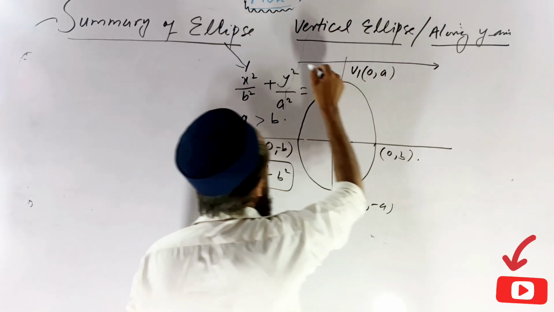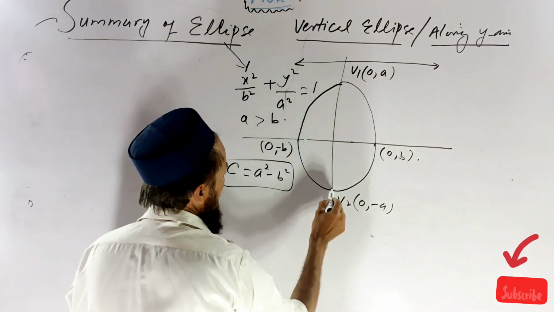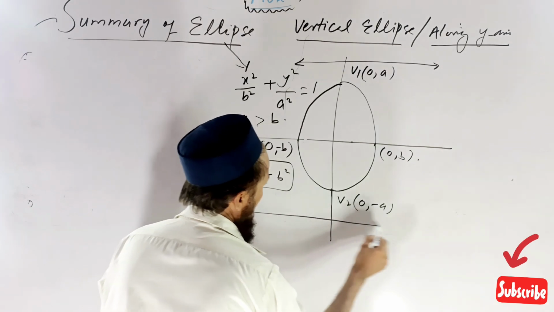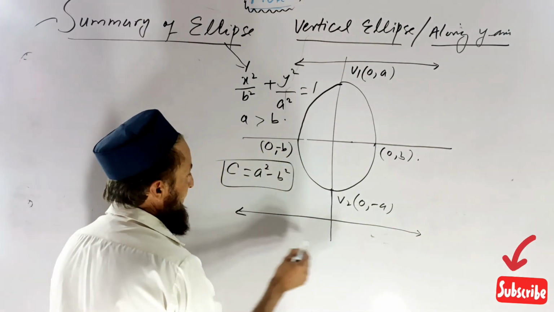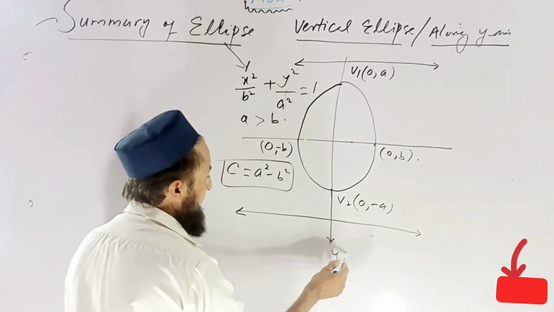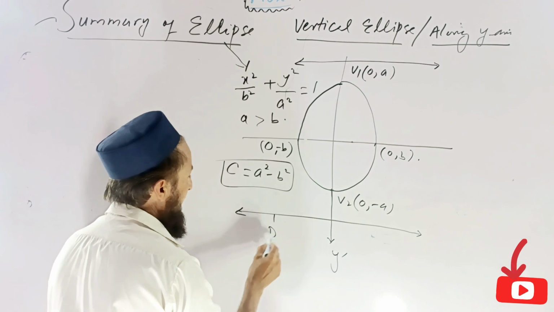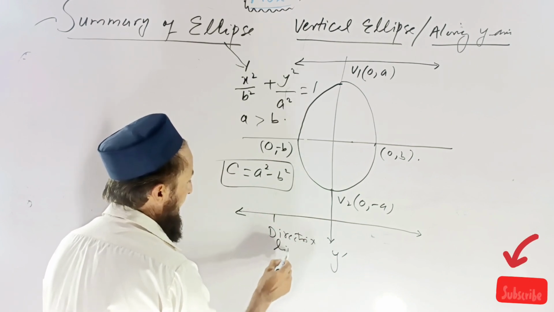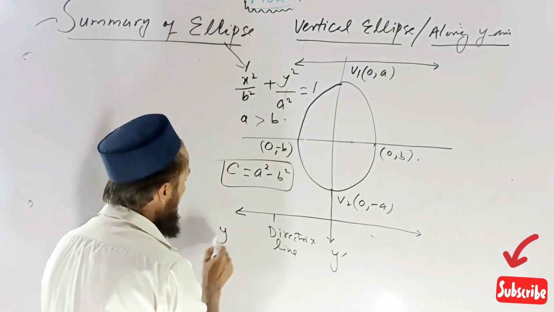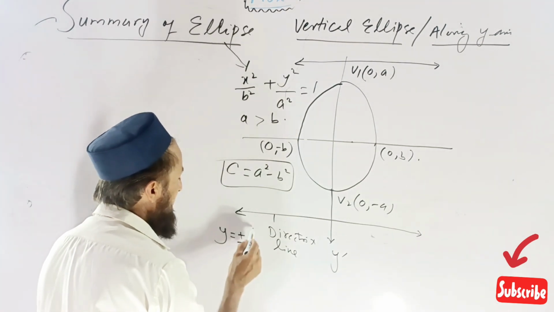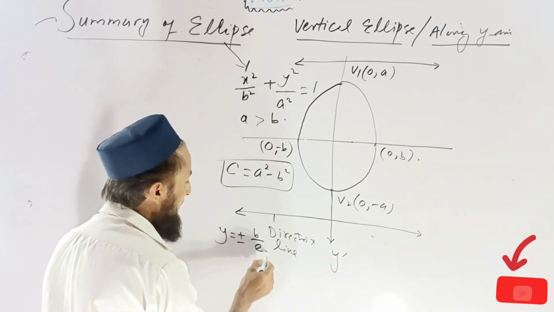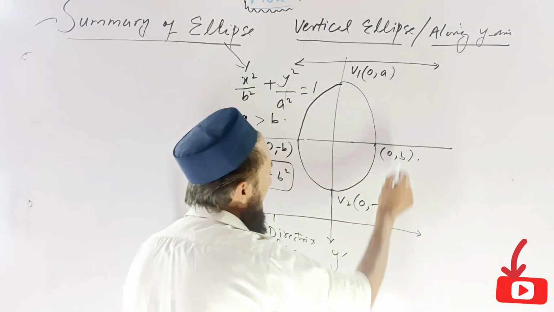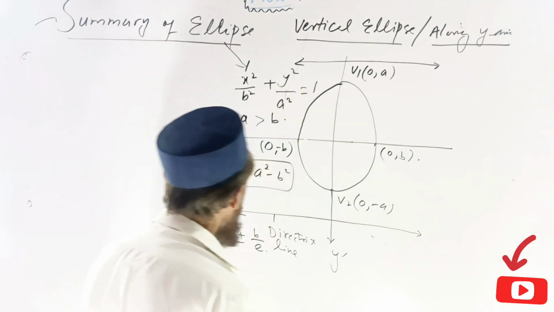Now if we sketch their directrix lines, these are the directrix lines along the y-axis. The directrix line is y is equal to plus minus a divided by e.